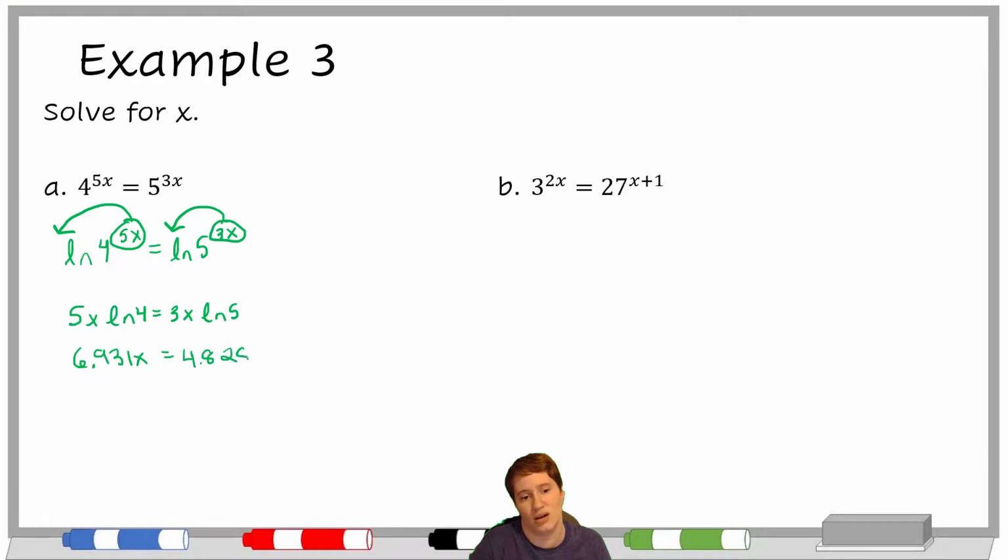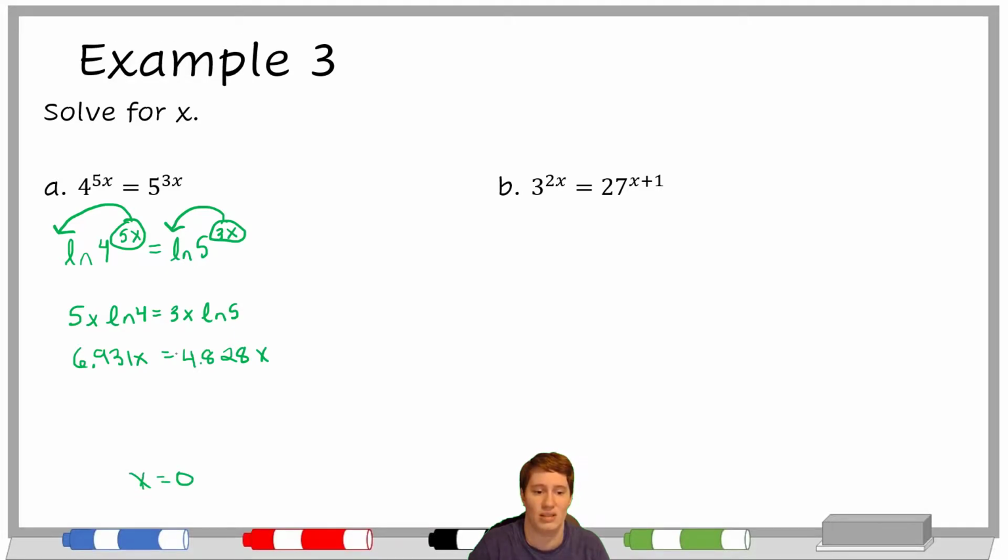Now, what's interesting is I mirrored this off of a problem in the workbook. I think it's super similar to one of the first ones in this section. If we have something times x equals something times x, and those aren't the same somethings, then x has to be 0.